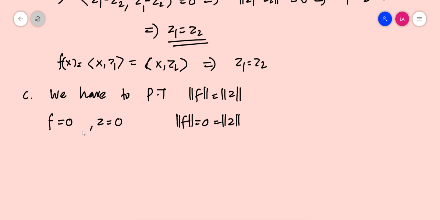So when f and z are 0, this result is trivially satisfied. Now consider the case when f is not equal to 0, then z is not equal to 0, because when z is equal to 0, inner product x z becomes 0. Here f is not equal to 0.